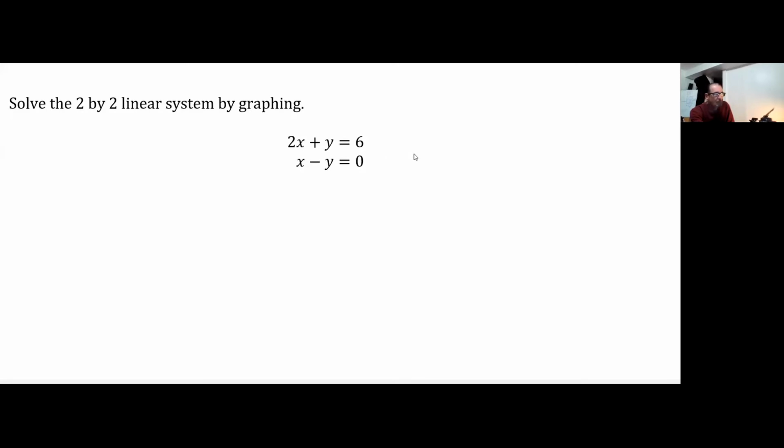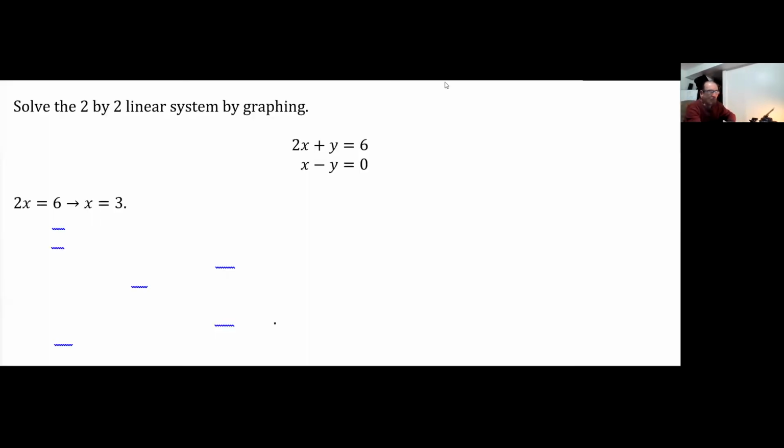I'm going to show you both of the last two. First I'll put in 0 for y in the first equation. 2x plus 0 is 2x. So solve 2x equals 6 by dividing both sides by 2. Get x equals 3. That's giving us that (3, 0) is the x-intercept of that first line.